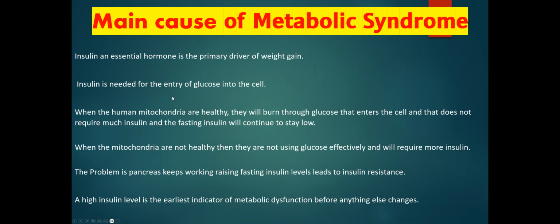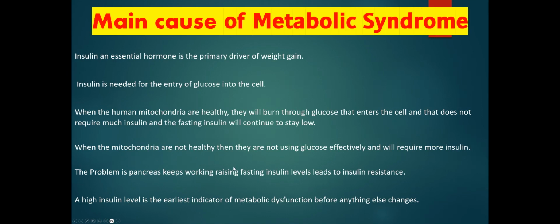But the problem with insulin happens when the mitochondria are not able to burn the sugar, and the body continues to secrete more insulin to help the mitochondrial function.